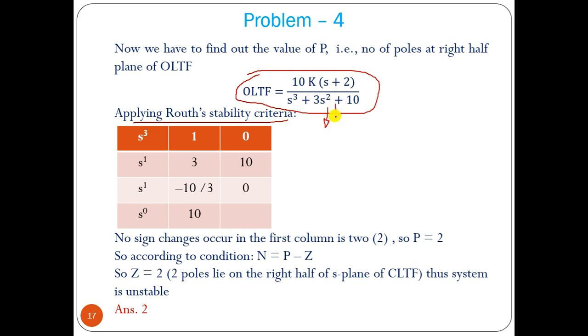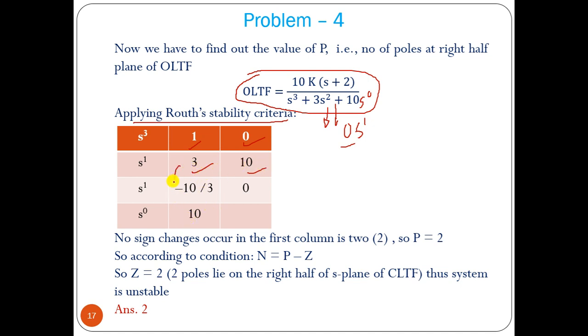Here we have a missing term, so 0 into s to the power 1 plus s to the power 0. So 1, 1, 3, then 0, 10. So this is 0, minus 10 by 3, and then it should be 10.